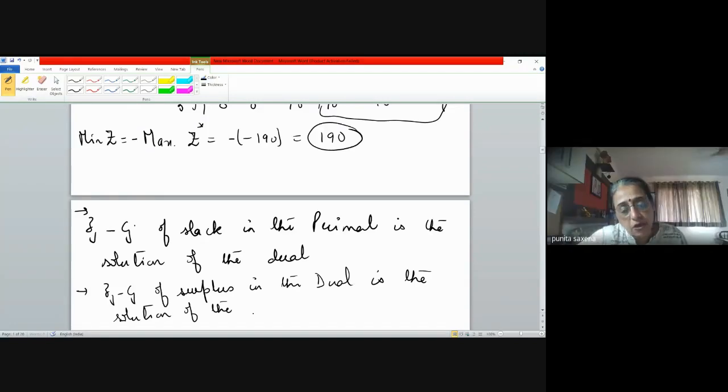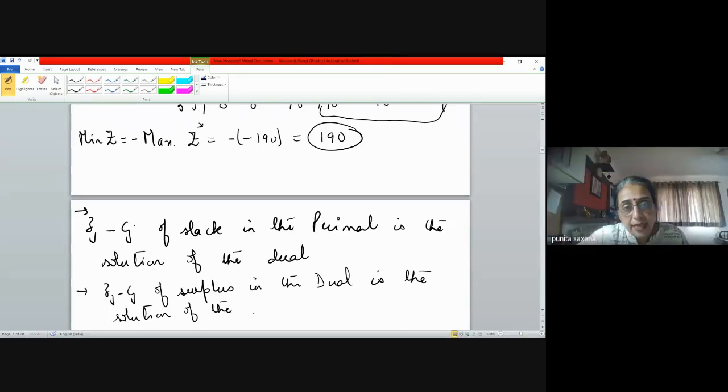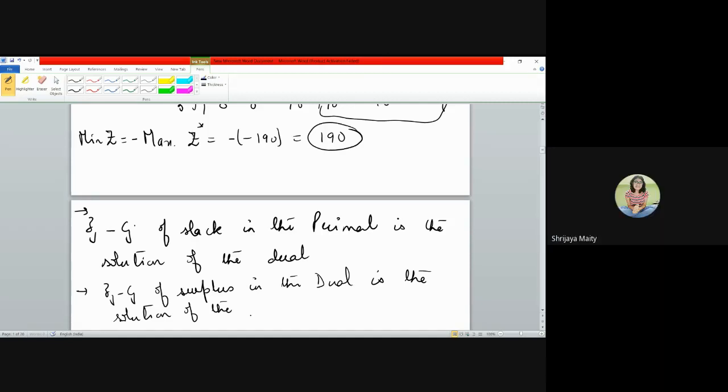Third constraint. Third constraint of the dual corresponds to which variable of the primal? I said, third constraint of the dual corresponds to which variable of the primal? First variable. No. Every constraint of a primal gives a variable of the dual. Yes ma'am.